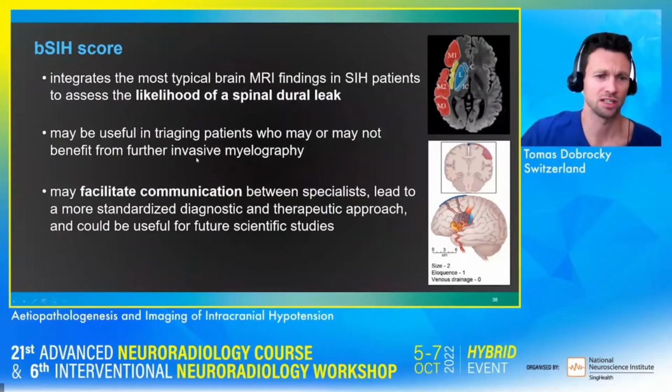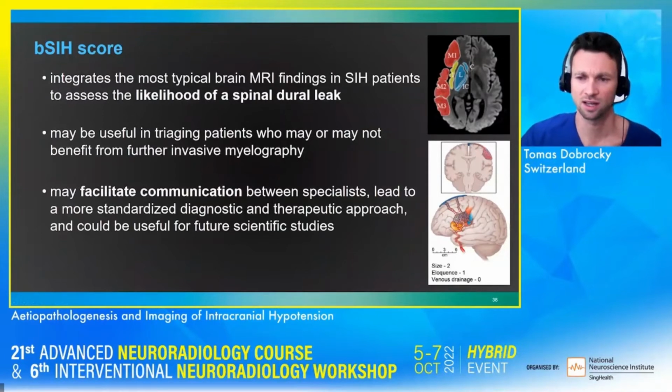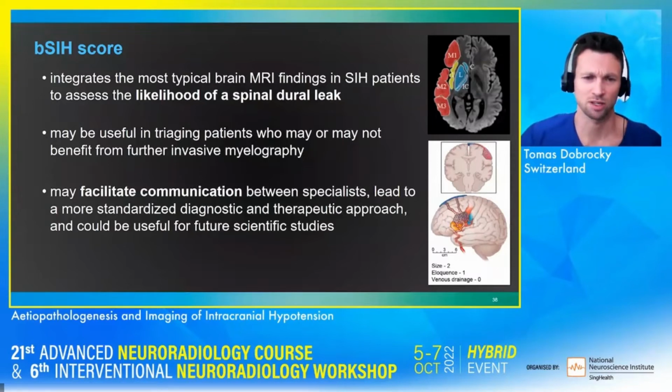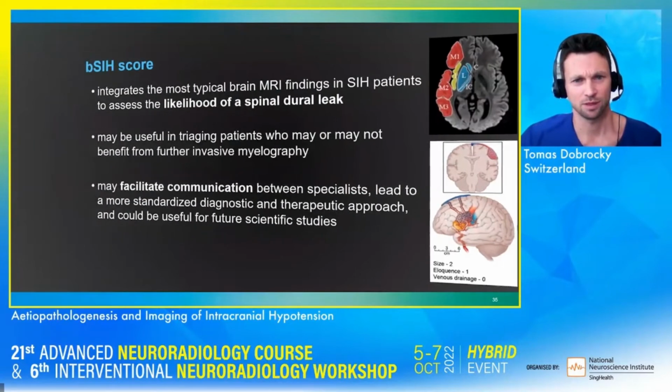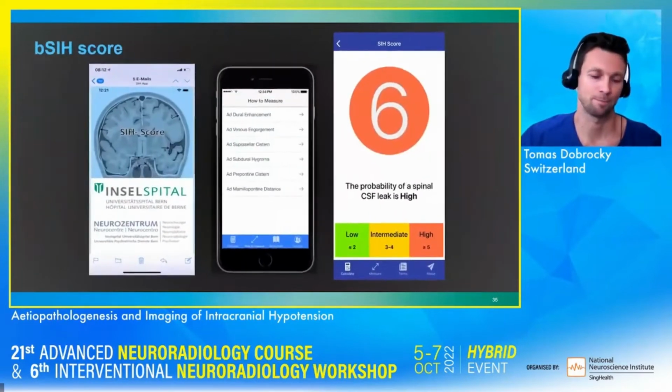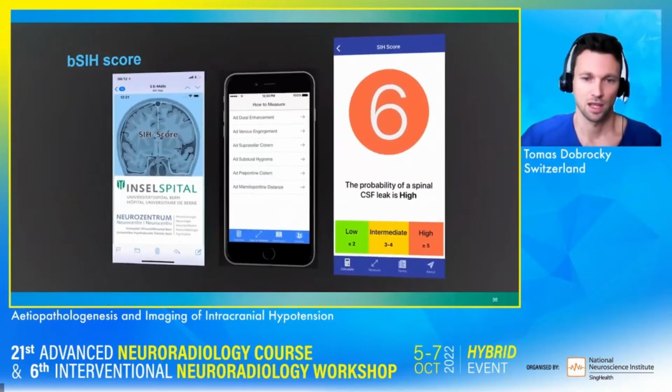It might also facilitate communication between your colleagues, because if somebody tells you the patient has a score of 8, it's evident for everyone who we are dealing with. Whereas with SIH patients, sometimes it's very random how people communicate. So this might be also a good thing. We have a score. There's an app for the score, and you can download this in the App Store.